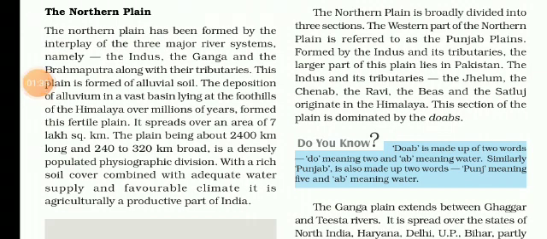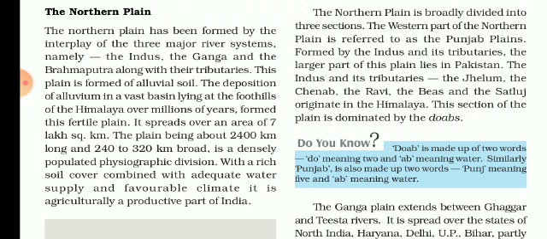Now the northern plains. This plain is formed by three river systems: the Indus, the Ganga, and the Brahmaputra, along with their tributaries. This plain is formed by alluvial soil.